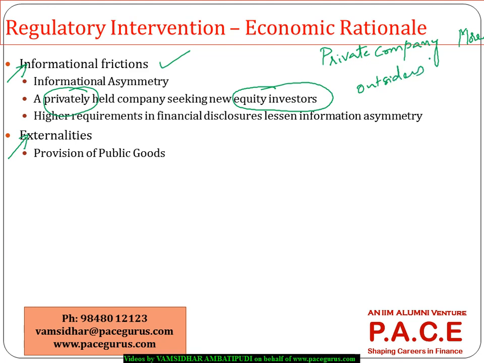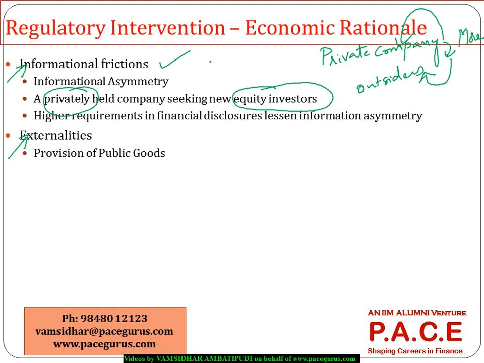So whatever rules and laws they pass may be more beneficial to them rather than the outsiders. So that's what I call information friction, which generally arises because of information asymmetry. Different layers of access to information by different people for different purposes.